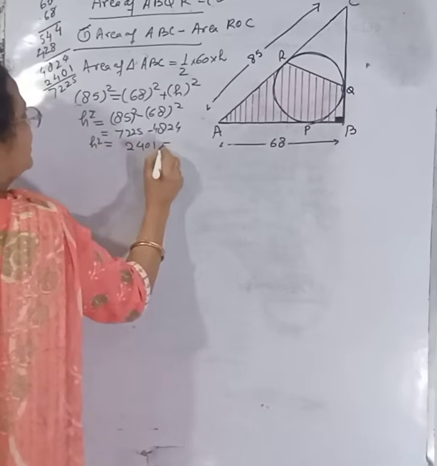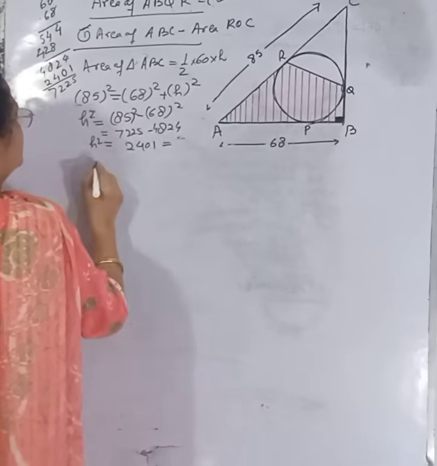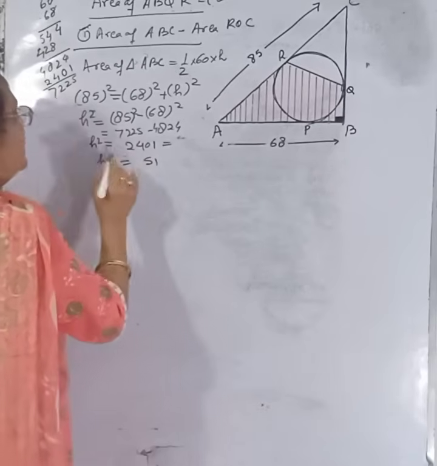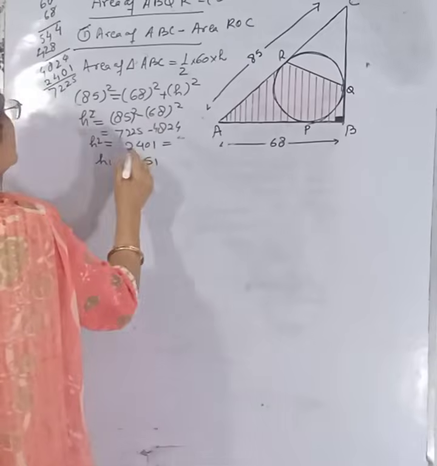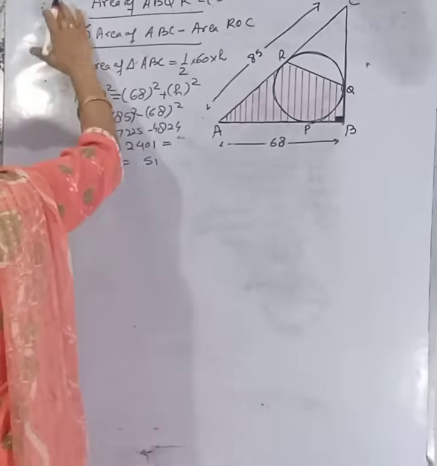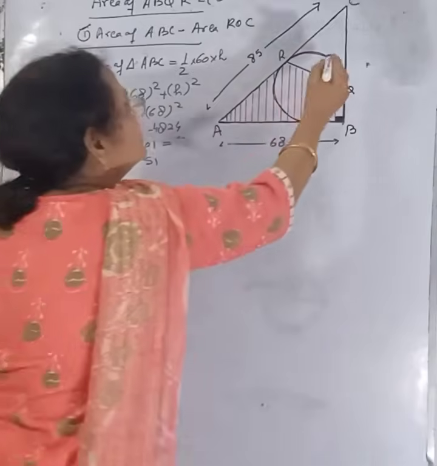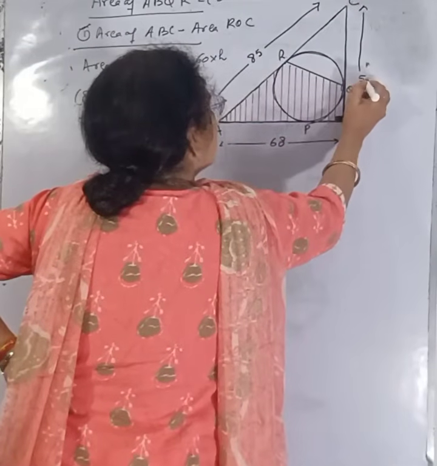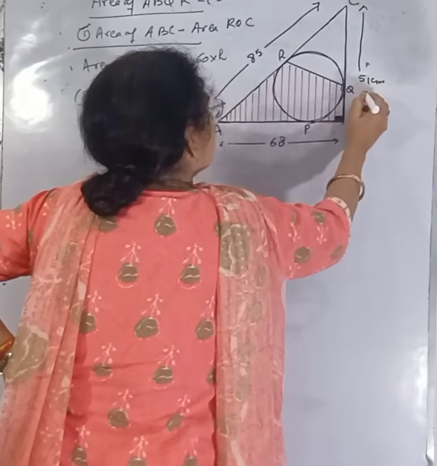It means h will be equal to 51, as 51 square is equal to this. Now h is obtained. H is equal to 51 centimeter.